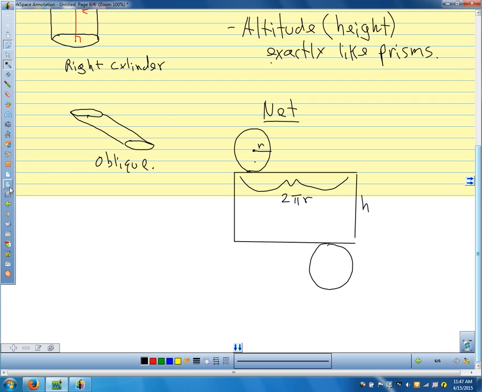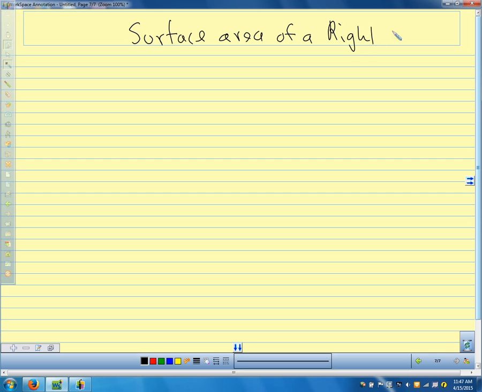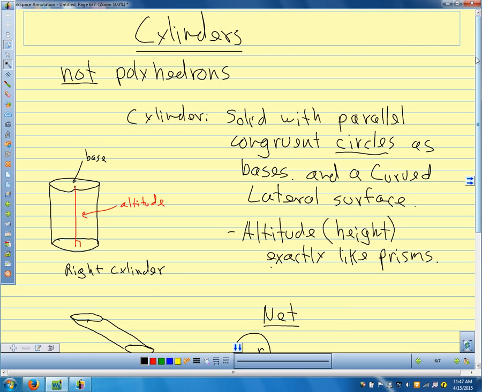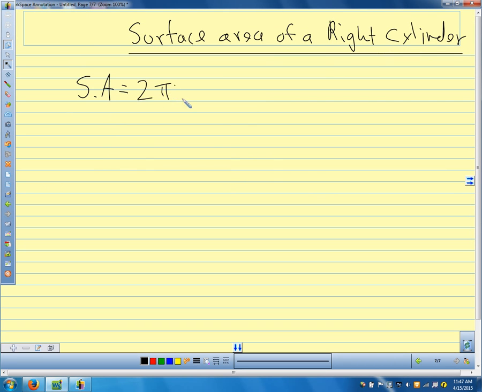So let's write our formula for our surface area. Surface area of a right cylinder. So our surface area is the area of the rectangle. We'll go back to my rectangle: 2 pi r times the height. 2 pi r h.